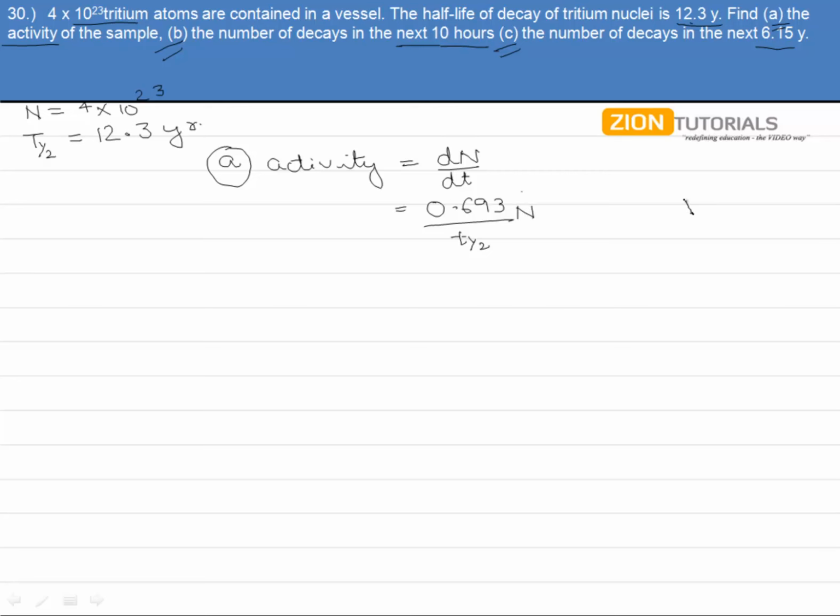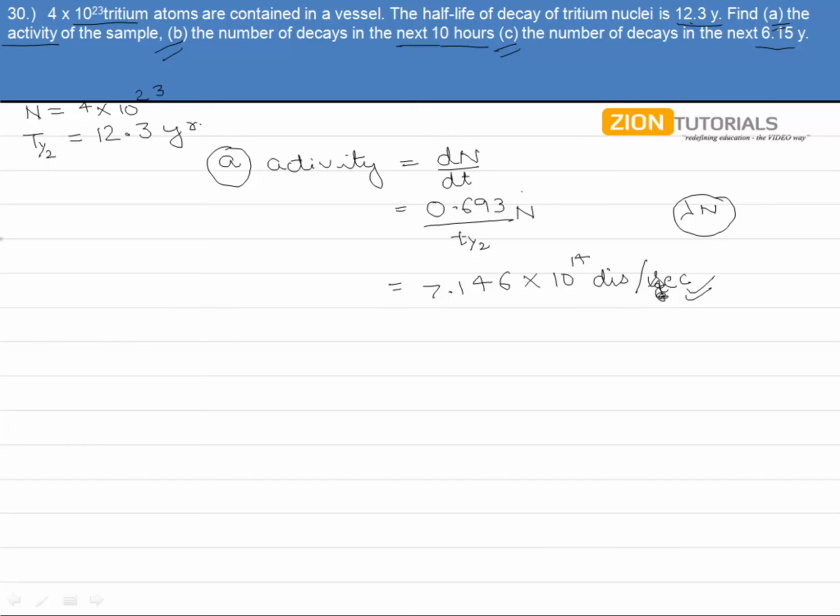Because it is lambda N actually, and lambda is ln2 by t half, and so that multiplied by N. So this is the formula for that. Putting the values over here, because N is 4 into 10 to the power 23 and t half is 12.3 years, we get the activity to be 7.146 into 10 to the power 14 disintegrations per second.